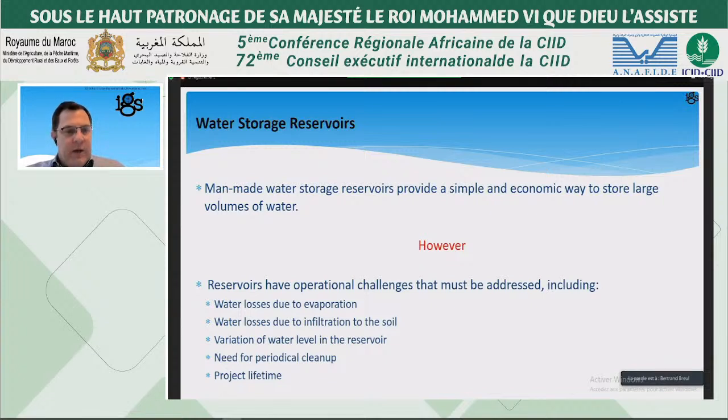The second challenge is the water losses due to infiltration to the soil. And that's where mainly geomembranes are acting, and it can be eliminated by installing a watertight barrier, and this is where most of the geomembranes are used.